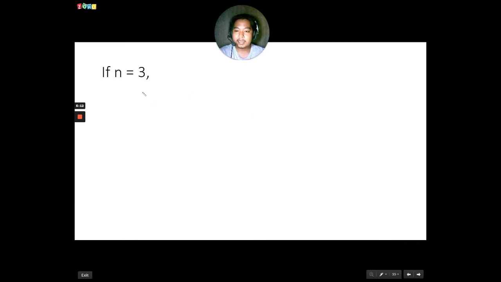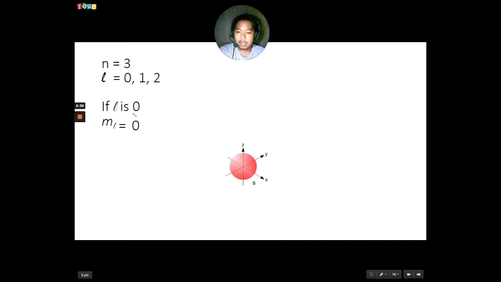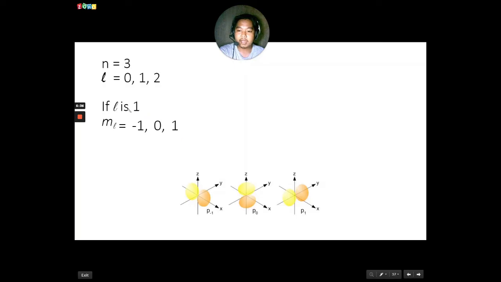If my n is 3, using the same formula, 3 minus 1 gives me 2. And then my L would be 0, 1, and 2. If my L is 0, this would be the shape. If my L is 1, these would be my possibilities: negative 1, 0, 1.